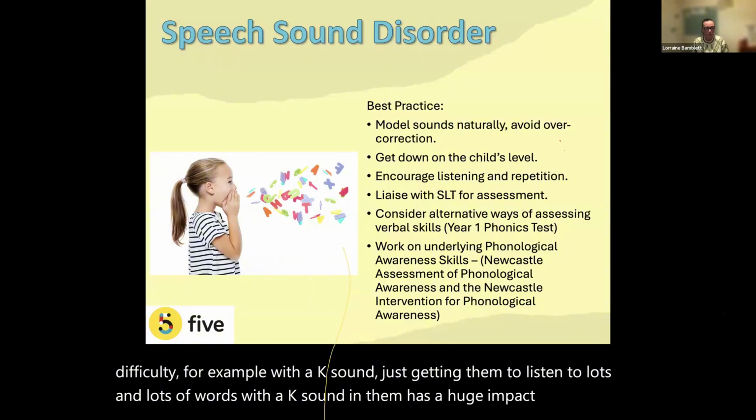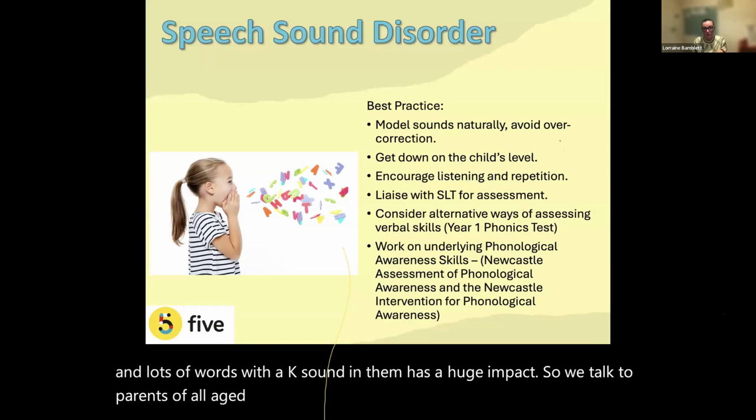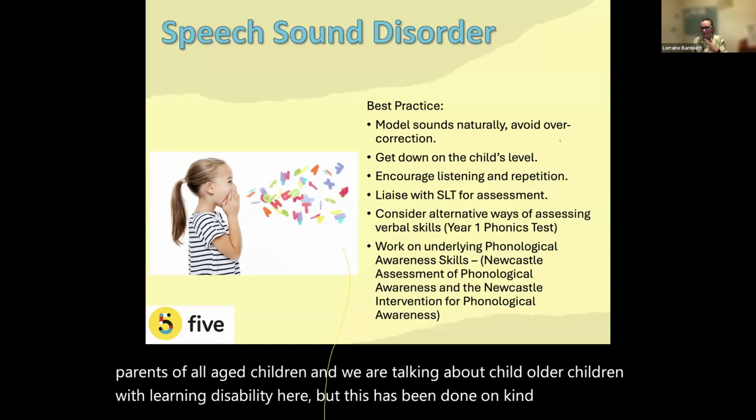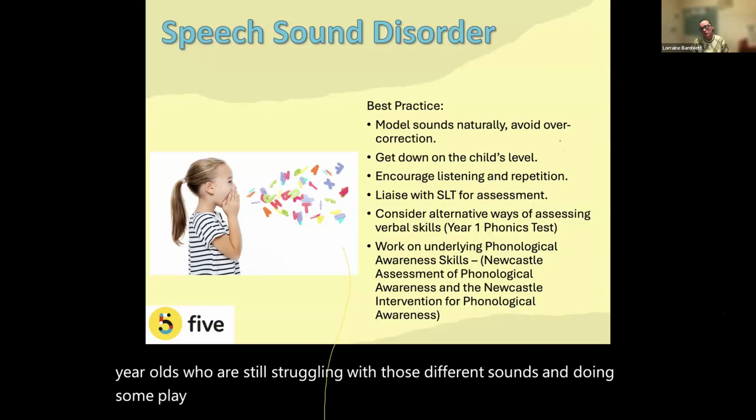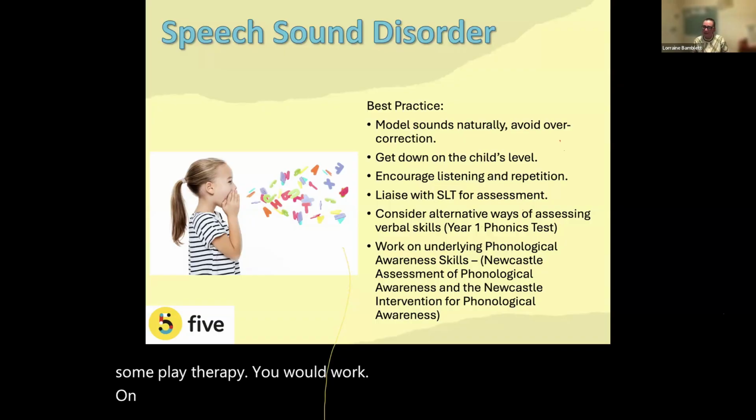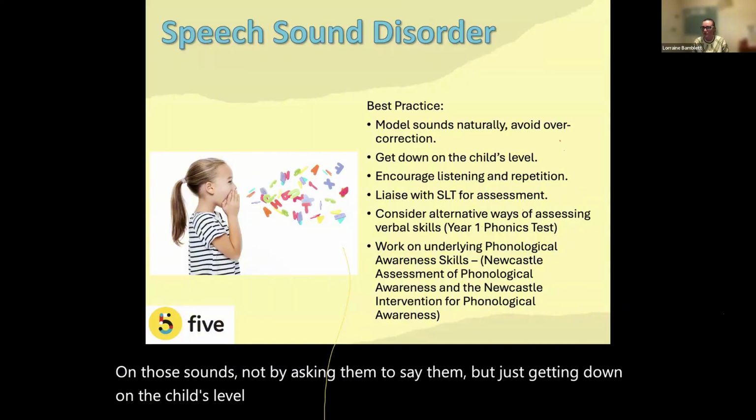So we talk to parents of all age children, and older children with learning disability too. This has been done with 10, 11, 12-year-olds who are still struggling with different sounds. Doing some play therapy, you would work on those k sounds not by asking them to say them, but just getting down on the child's level and using loads and loads of words with that k sound in.